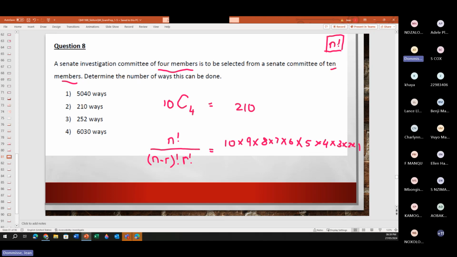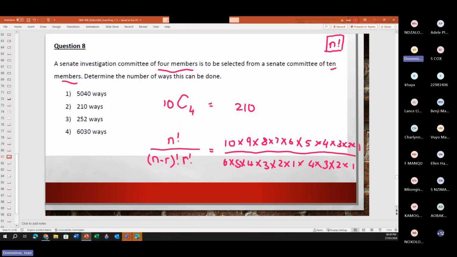Now n minus r was 4, so n minus r is 6, so let's do the 6 factorial, and then 4 factorial, because that is part of what we need to divide by.